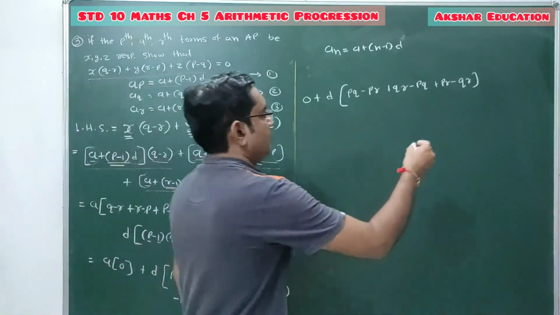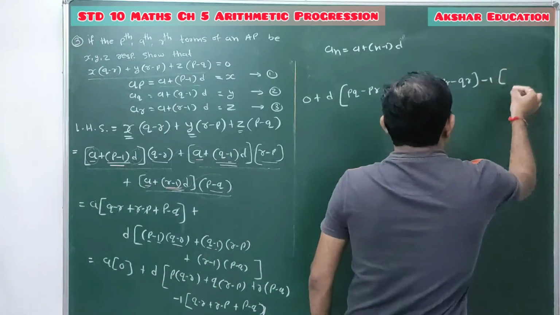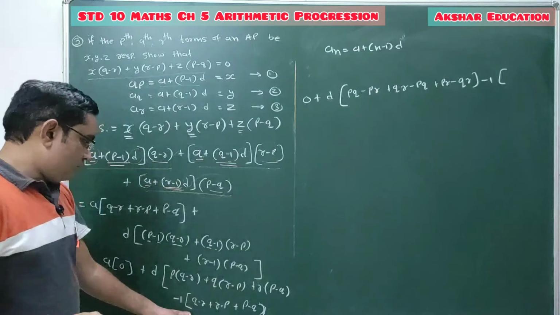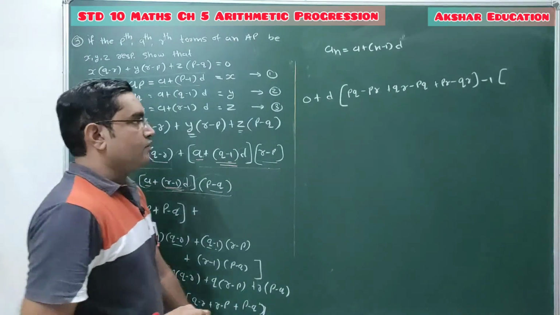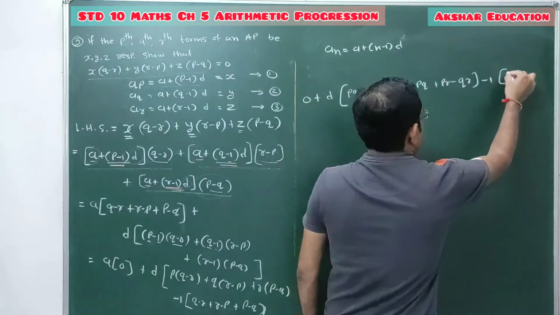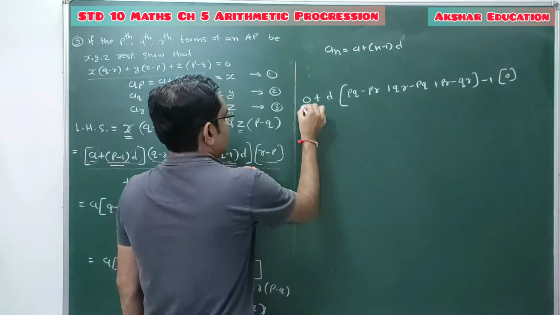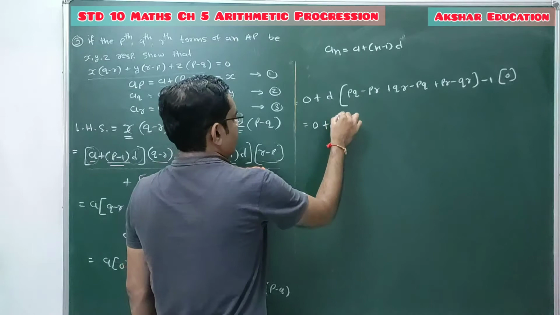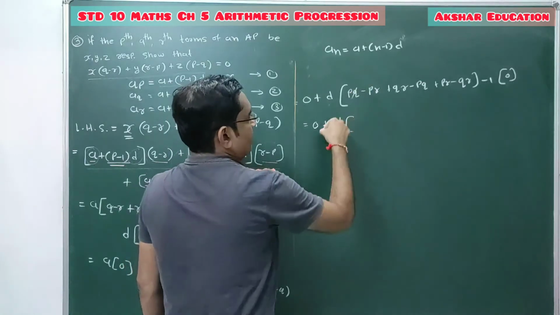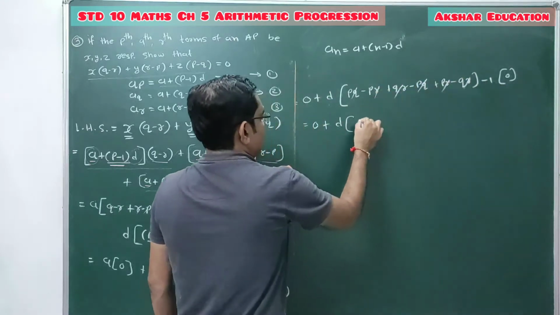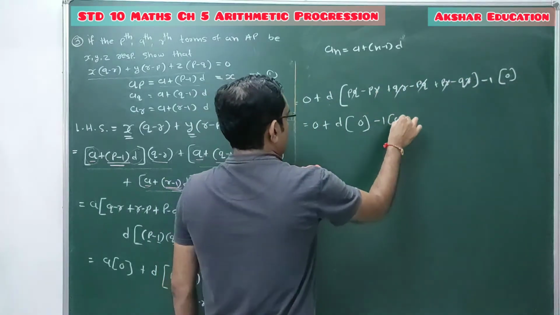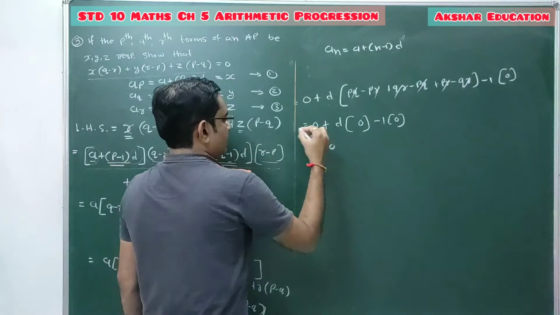Minus 1 into the bracket q minus q plus r minus r plus p minus p, again 0. So it's minus 1 into 0. So it's a into 0 plus d into, now this one pq cut, qr cut, pr cut. So it's again 0, minus 1 into 0. So all terms are equal to 0.